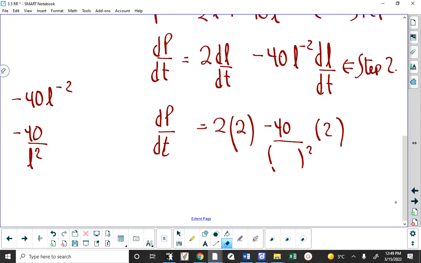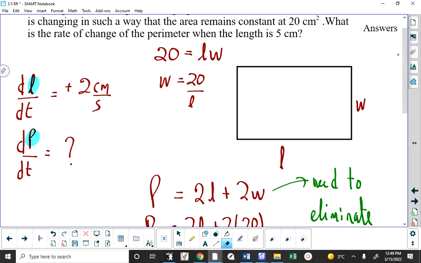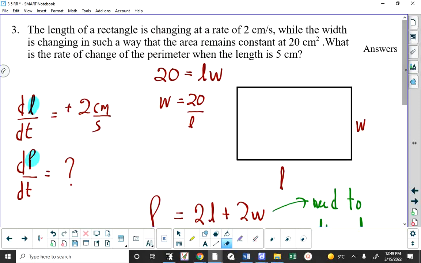I need to put in L, not dL/dt. Good catch, Ben. So somewhere up here, it's going to have that when statement. When the area is something. When the length is something. I don't know. We're going to have to look. When the length is 5. I think we did a problem this morning where it said when the area was something, we had to work on finding L. We don't have to do anything here.